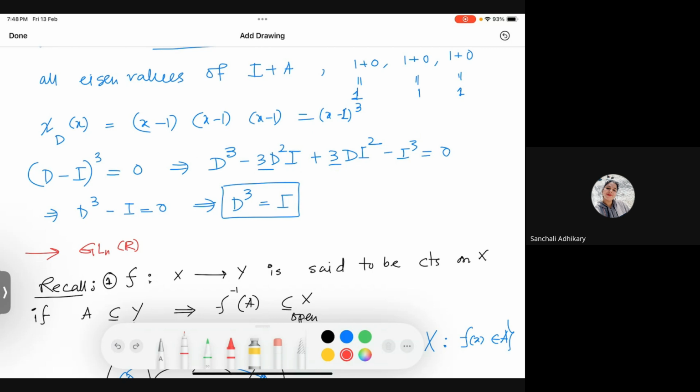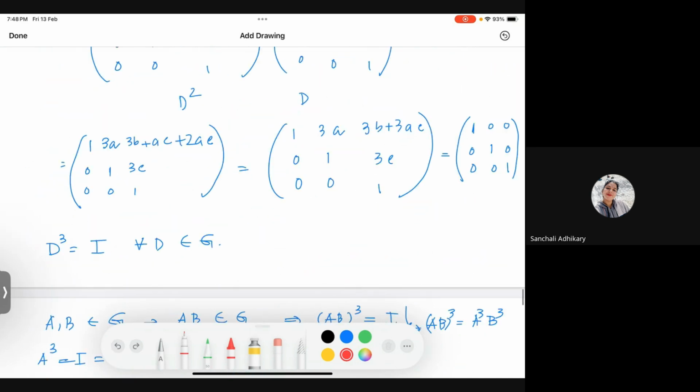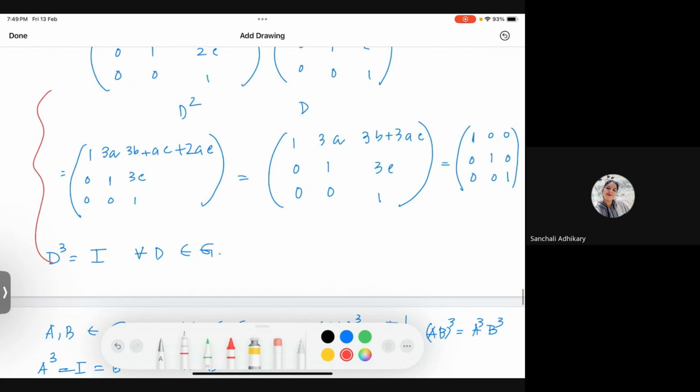Now observe this. In Z3, 3 is equal to 0, so only D cubed remains. D minus I cubed means, since I cubed is I, D cubed is equal to I. So this is done by linear algebra, but this part is not done by linear algebra, this is a calculative part.